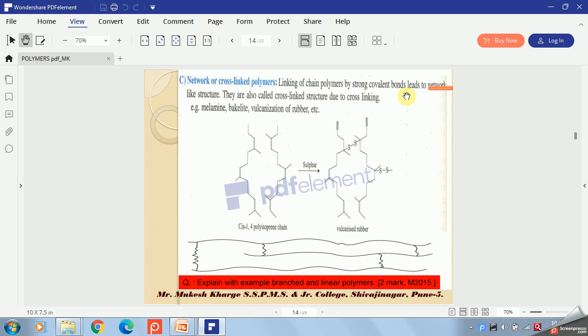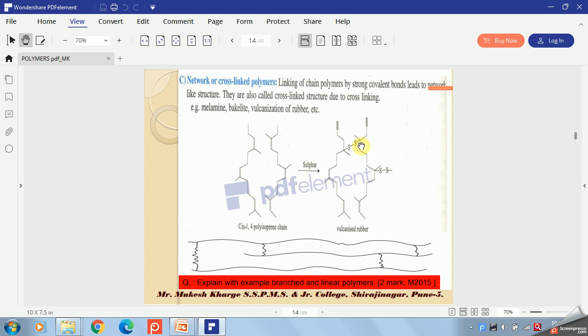So if you observe the reaction, when sulfur is added to cis-1,4 polyisoprene chain, we can observe the sulfur is added in between the carbons of two molecules of this compound, and there is a carbon-sulfur-carbon linkage.